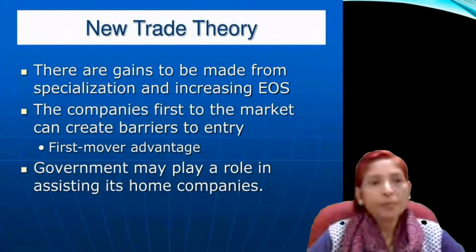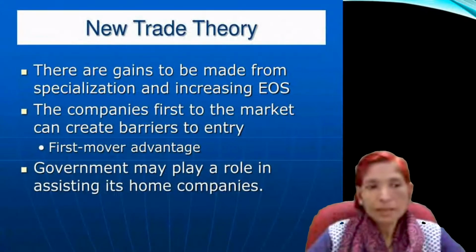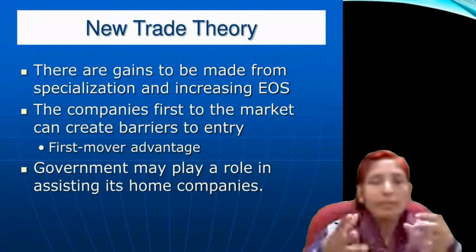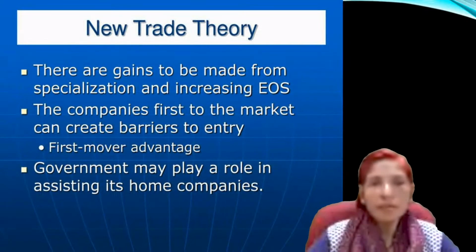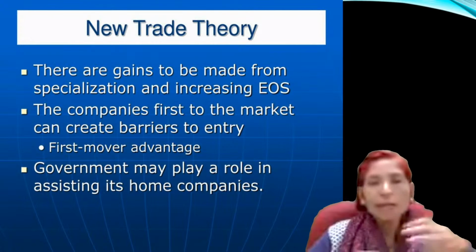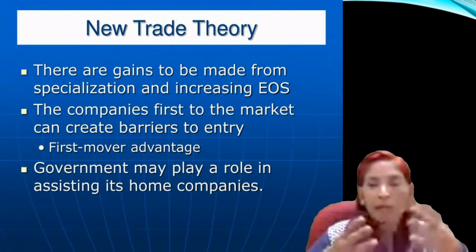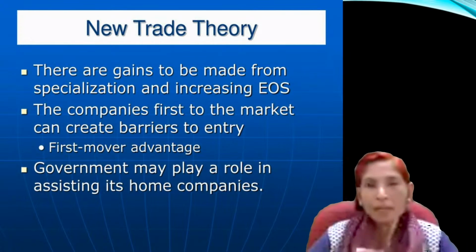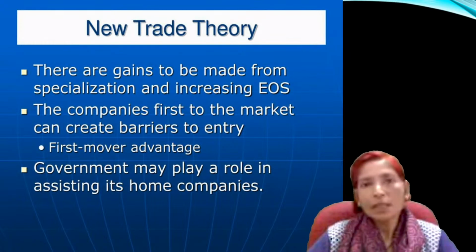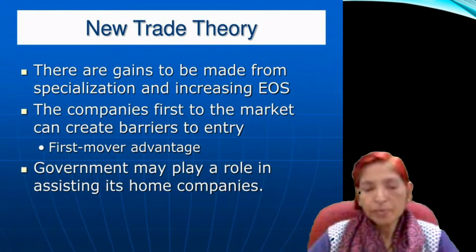Next is new trade theories. There are different types of gains which can be made from specialization and increasing economic relationships with other countries. The companies first to the market can create barriers to entry.